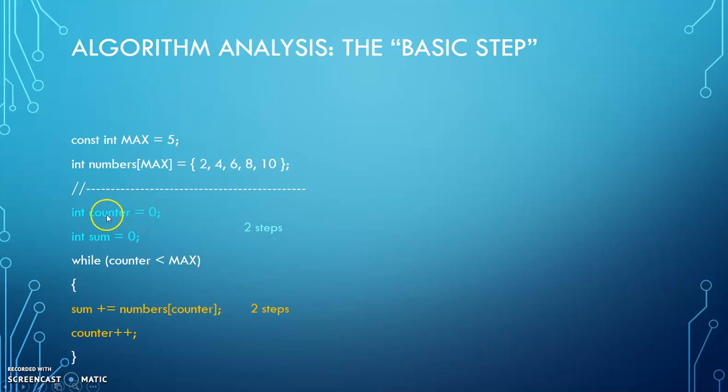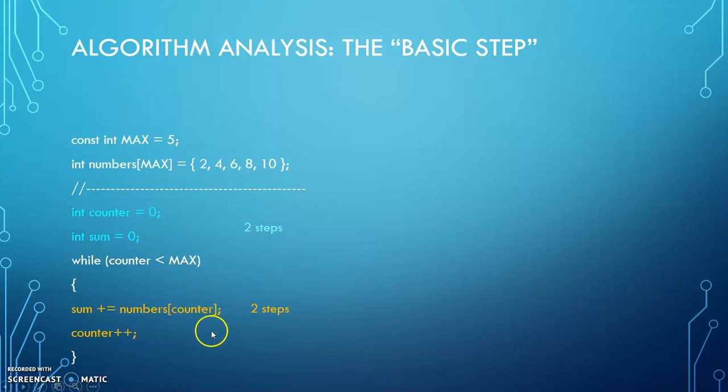So we have a couple of steps here with the variable initialization. So we'll say that's 2 steps. And then inside of the loop, I've got another 2 lines of code, which is just our calculations, obviously summing up the numbers, and then our loop counter increment. So that's another 2 steps. So we can say, all right, our algorithm has 4 steps total. Now we have to also understand that this loop is going to run 5 times.